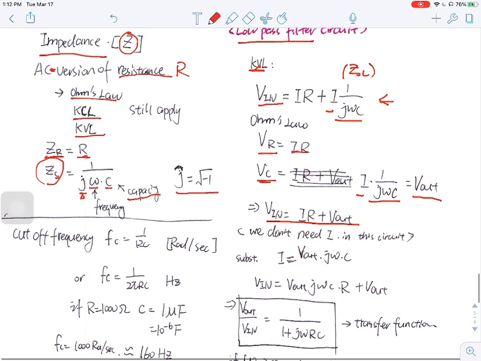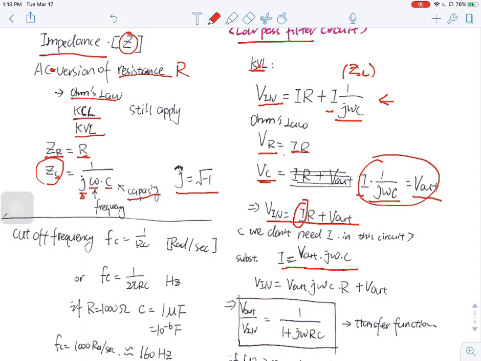And here what we're trying to do is get rid of this I. We don't really need current in this analysis. We want something in terms of frequency. So I want to substitute this I in terms of V out times J omega C. Where do I get that? I get that from here. You pretty much throw everything else on the other side of the equation and just keep I on one side of the equation. Then you have this expression for current.